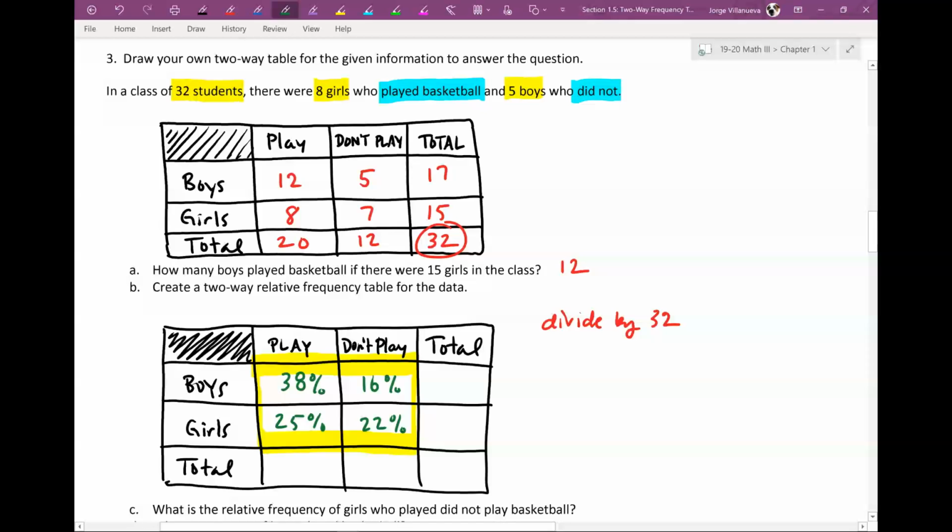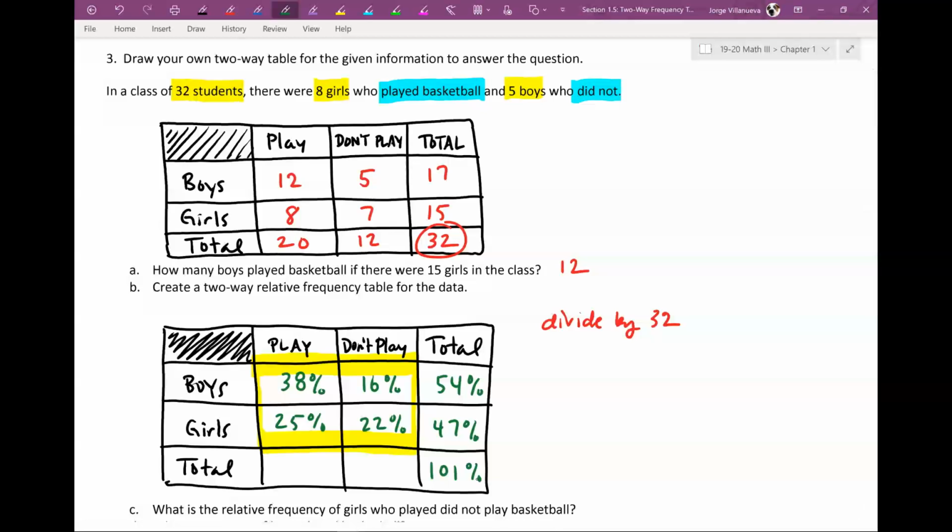Now I can do all the additions. Okay? So 38% plus 16% gives me 54%. 25% plus 22%, go ahead, is going to be 47%. If I add that together, check it out, my percentage is 101. Right?